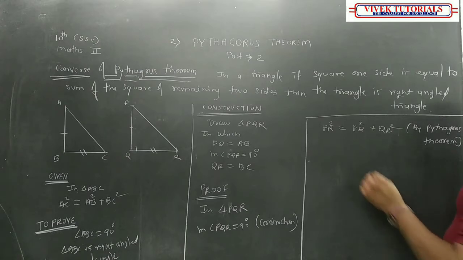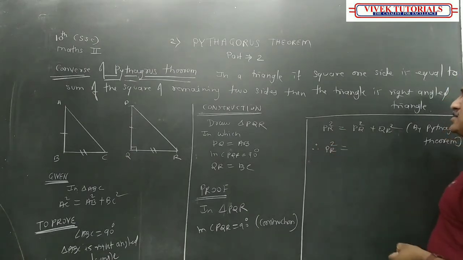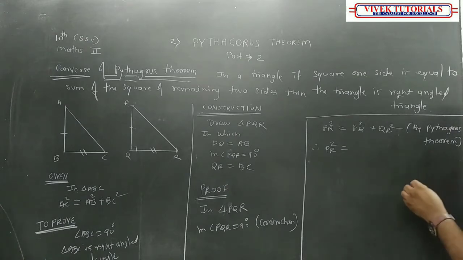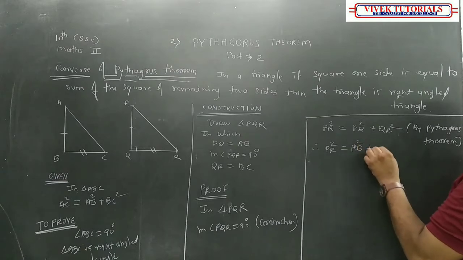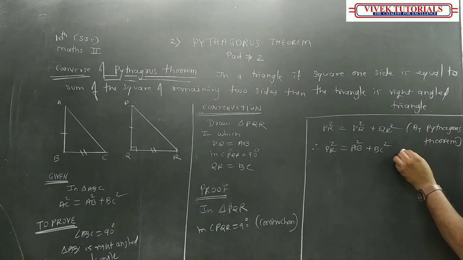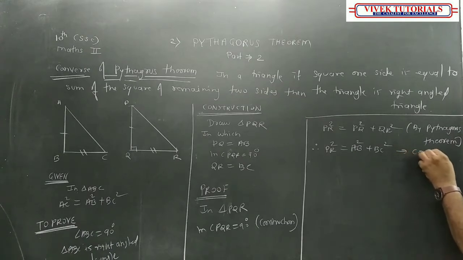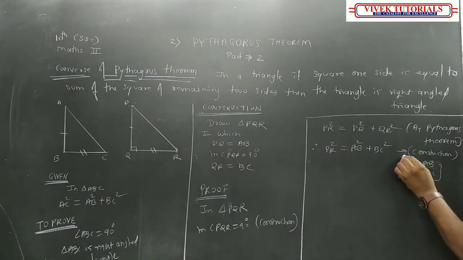Now, therefore, PR square is equal to AB square plus BC square. Reason is due to construction. What is that? PQ is equal to AB and QR is equal to BC.